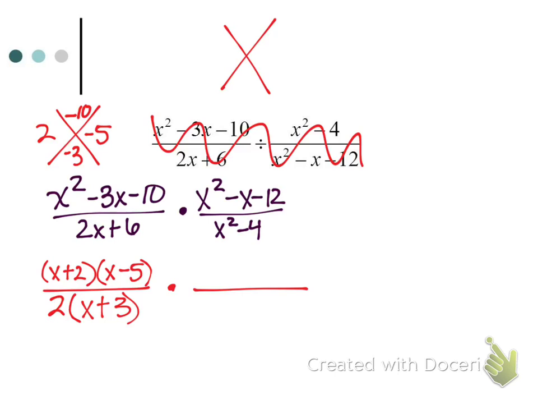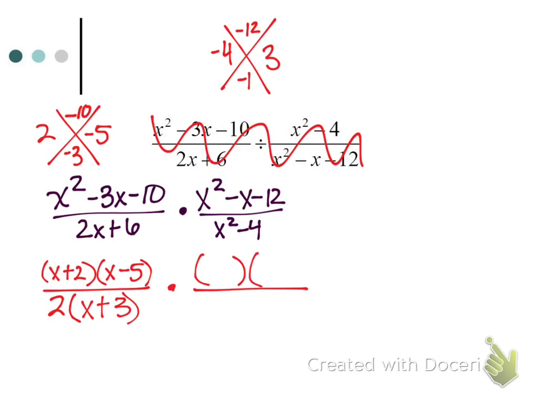What goes on top? Negative 12, and on bottom? Do you know what numbers fill in those sides? Anybody? Natalie? Negative 4, positive 3. Negative 4 and a positive 3.